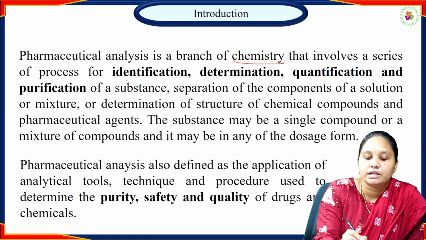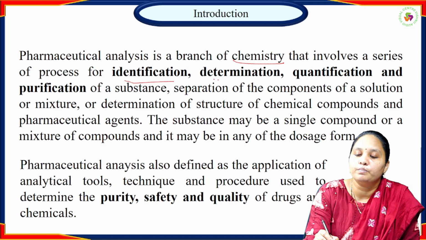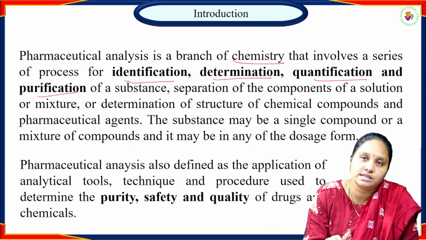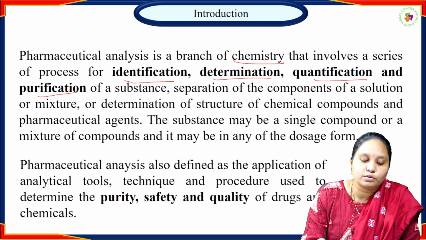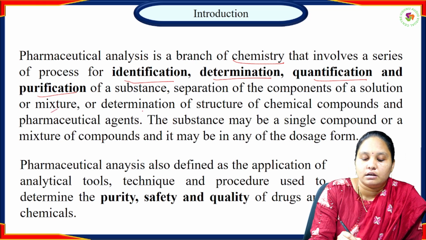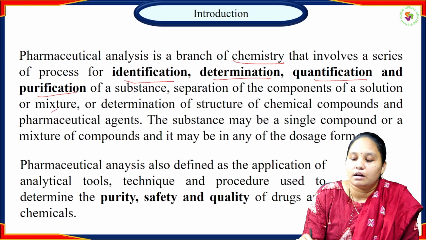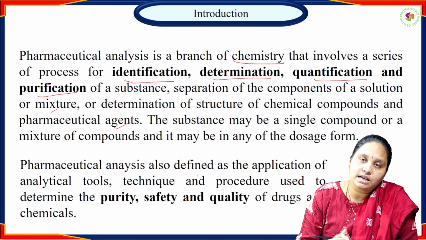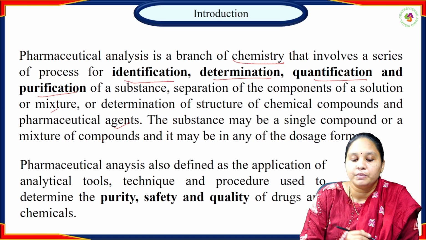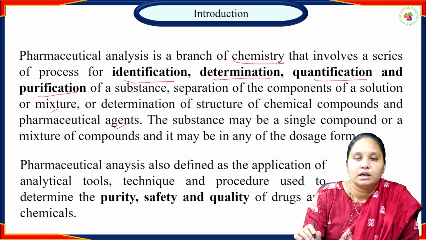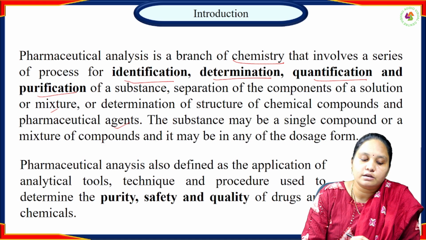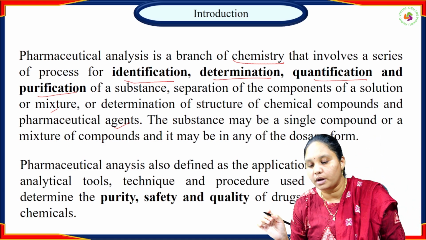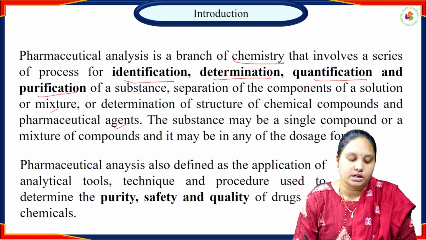The analysis means identification of the functional group, determination of the particular functional group, quantification and purification of a substance, separation of the compounds of a solution in a mixture, or determination of the structure of chemical compounds and pharmaceutical agents. All these analyses are done in the pharmaceutical analysis subject, in the identification process, determination process, quantification process, and purification process. By using all these analytical techniques, we are going to perform the pharmaceutical analysis for a particular formulation.